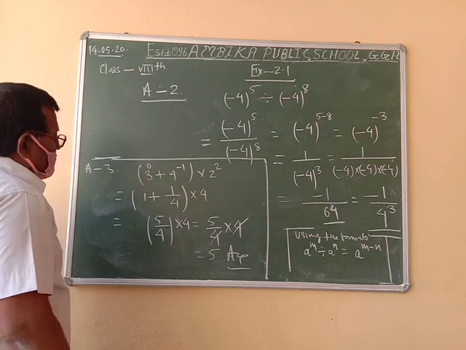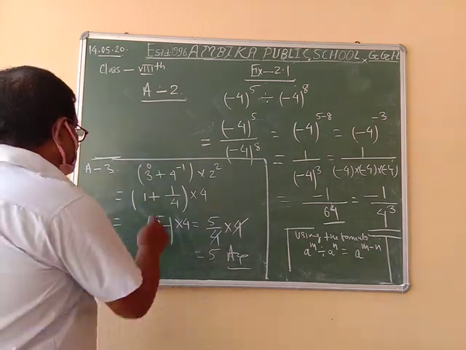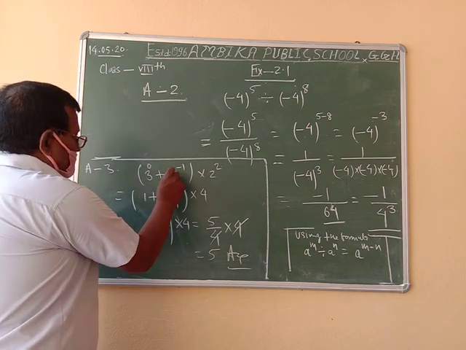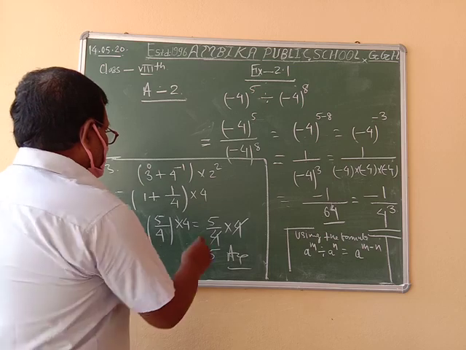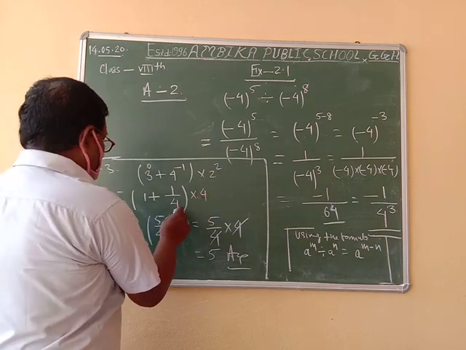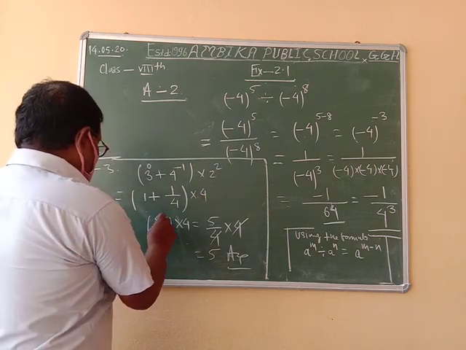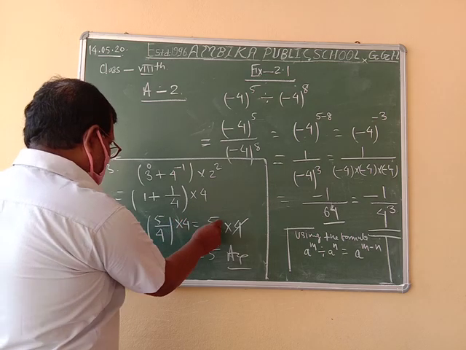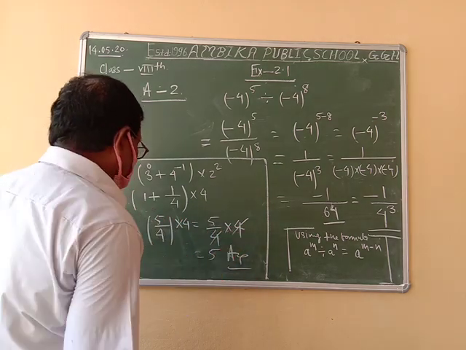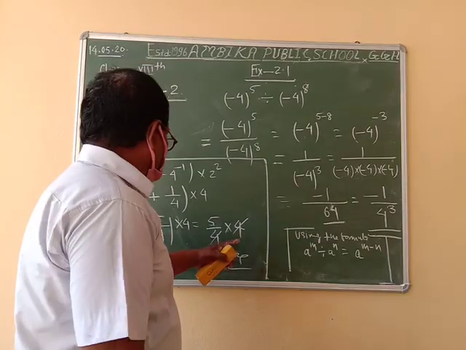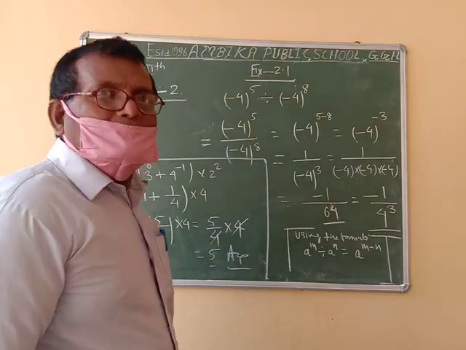Here the exponent of 3 is 0, so its value will be 1, plus 4 to the power minus 1 is equal to 1 by 4, into 2 square is equal to 4. Adding, we get 5 by 4 multiplied by 4. Here 5 cancel, 4 cancel, equal to 5.